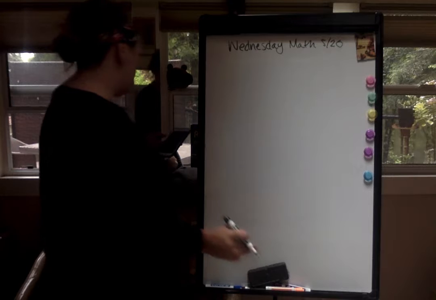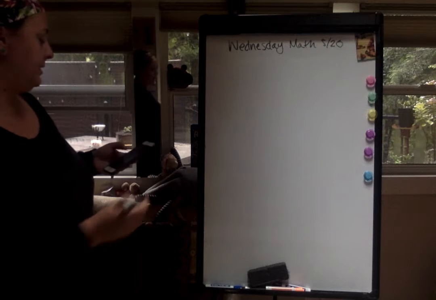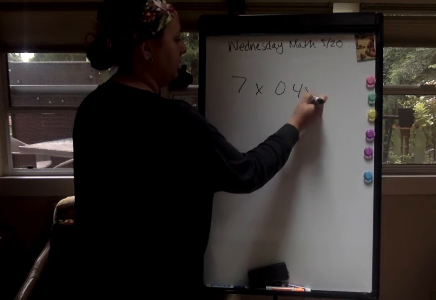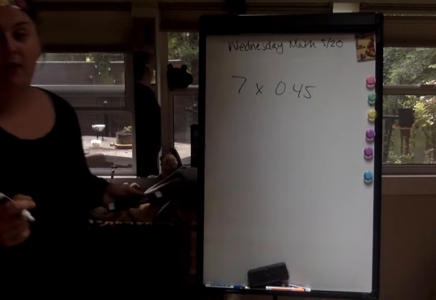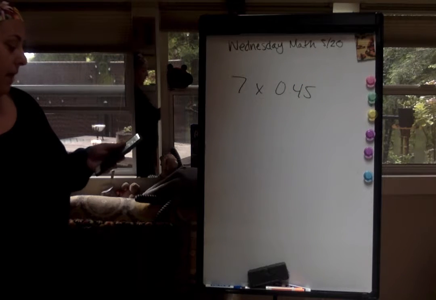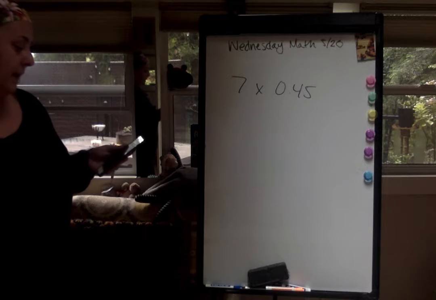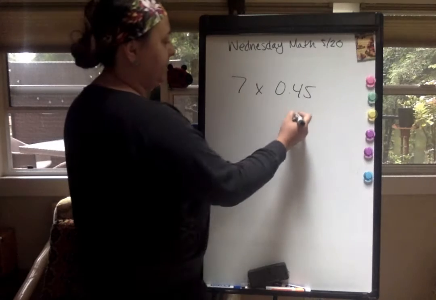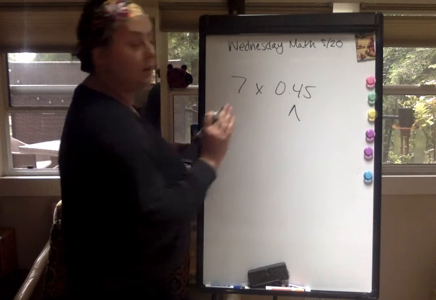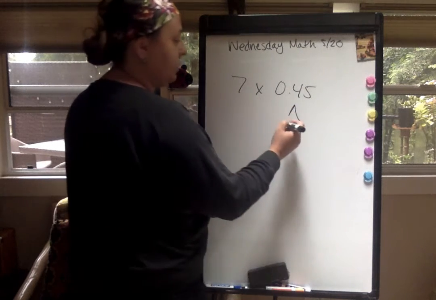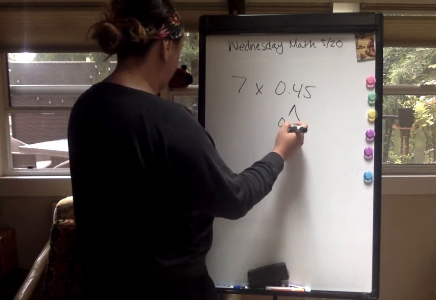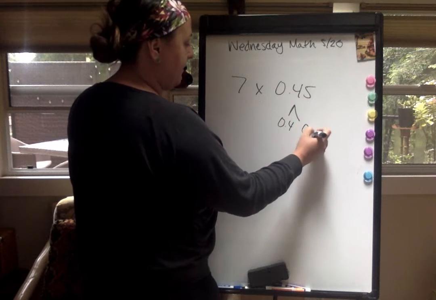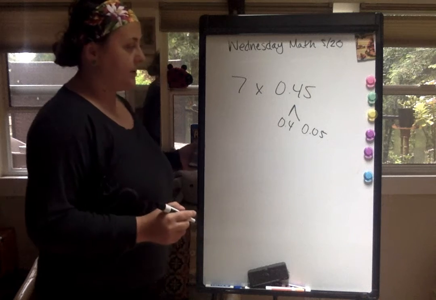Which expression shows how to find the product of 7 times 45 hundredths? Well, I want you to break this down, okay? So basically what this is saying, if we put these in two different parts based on place value, so we have 4 tenths and we have 5 hundredths.